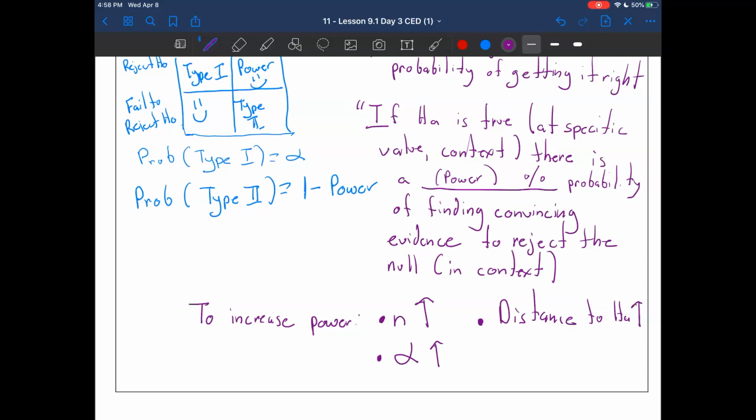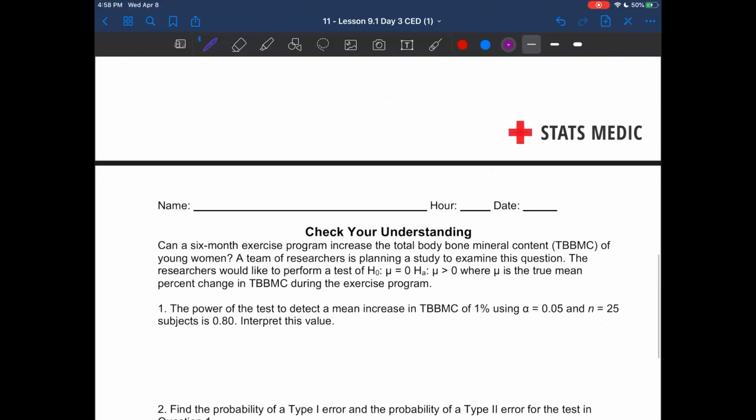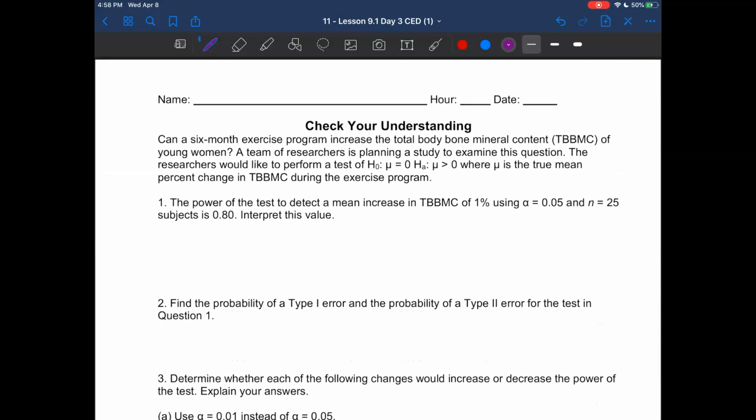All right, so let's just take a look at the check understanding and see how all of this will apply. Can a 6-month exercise program increase the total body bone mineral content of a young woman? A team of researchers is planning a study to examine this question.